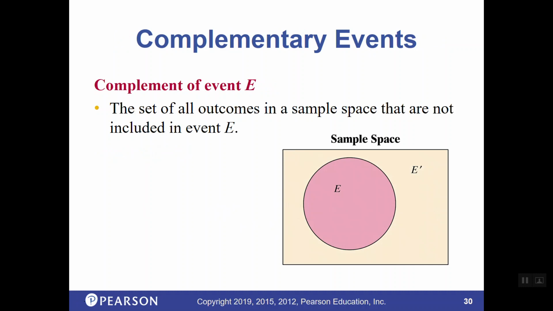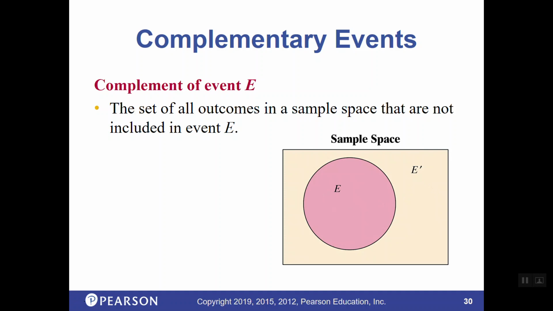It is the set of all outcomes in a sample space that are not included in event E. So this right here is using a Venn diagram to present the concept of the complement of event E. If the rectangle represents the universe, event E is everything inside that pink circle. The complement is what is not inside the pink circle, but is still part of the possible outcomes. So that's what you call complementary events.